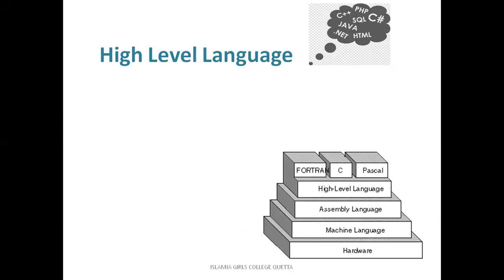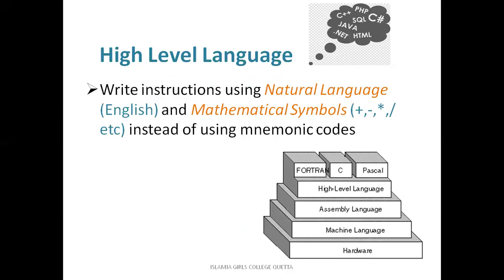The high level programming language is also used for giving instructions to the computer. But when we write the instructions in a high level language, we can use natural language such as English, and we can use mathematical symbols like plus, minus, multiply, divide instead of using mnemonic codes.